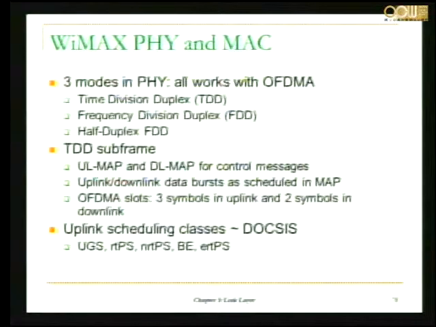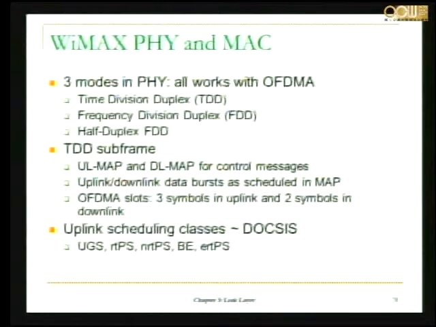And on top of this, they support TDD subframe, the uplink and downlink map, and uplink and downlink slot. And all the slots are OFDMA slots that they allowed 3 symbols in uplink and 2 symbols in the downlink.